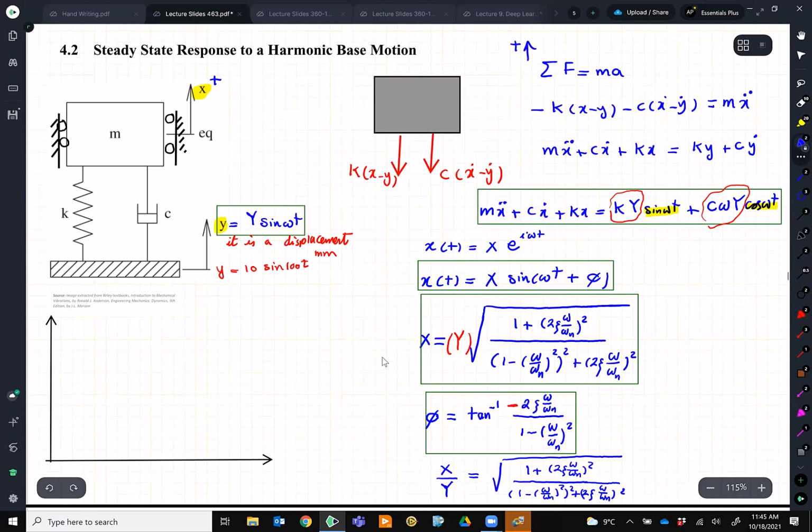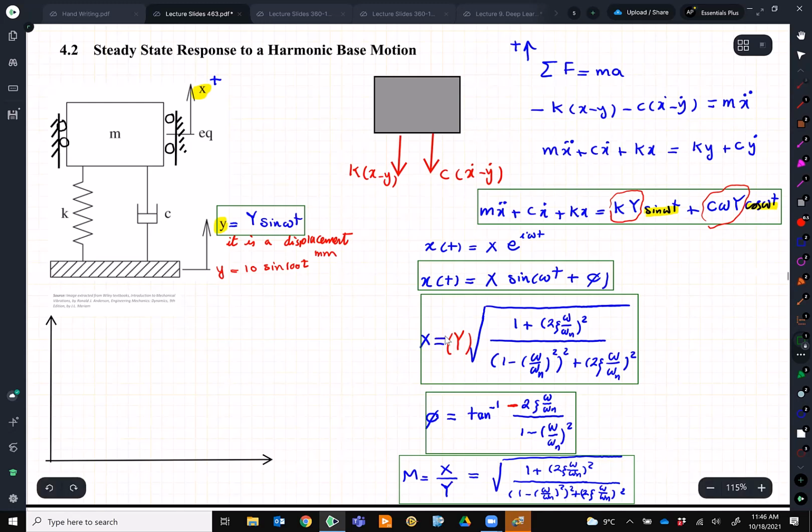Okay, now it's correct. And this value, we call it the magnification factor.